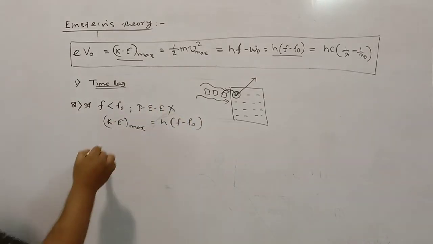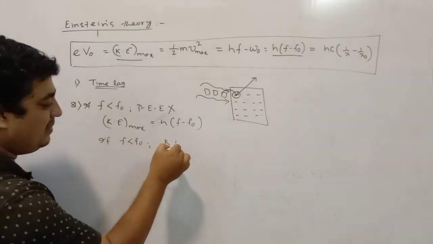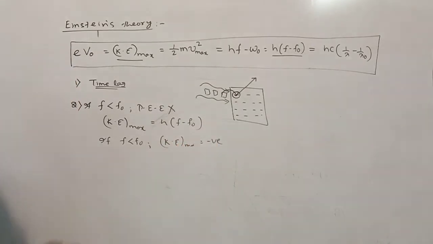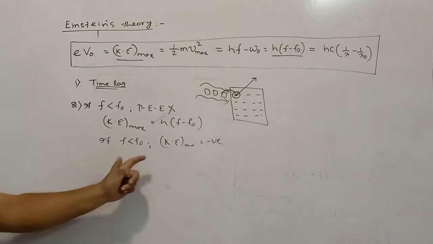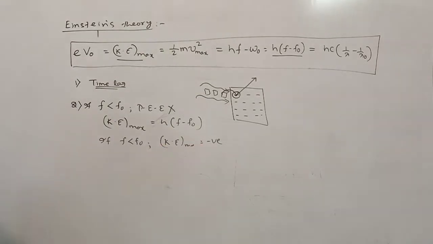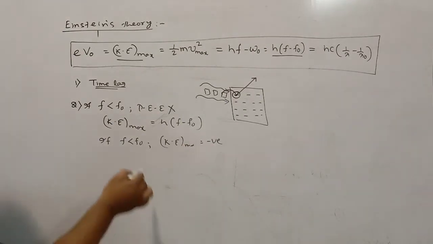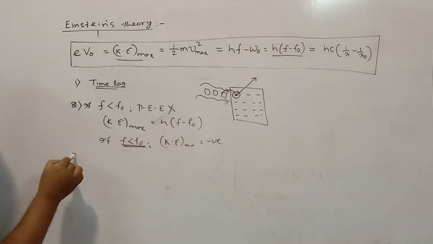So, if f is less than f naught, K max is negative. If the frequency of light is less than the threshold frequency, the maximum kinetic energy becomes negative, which is an impossible concept. So, photoelectric emission cannot take place below the threshold frequency f naught.